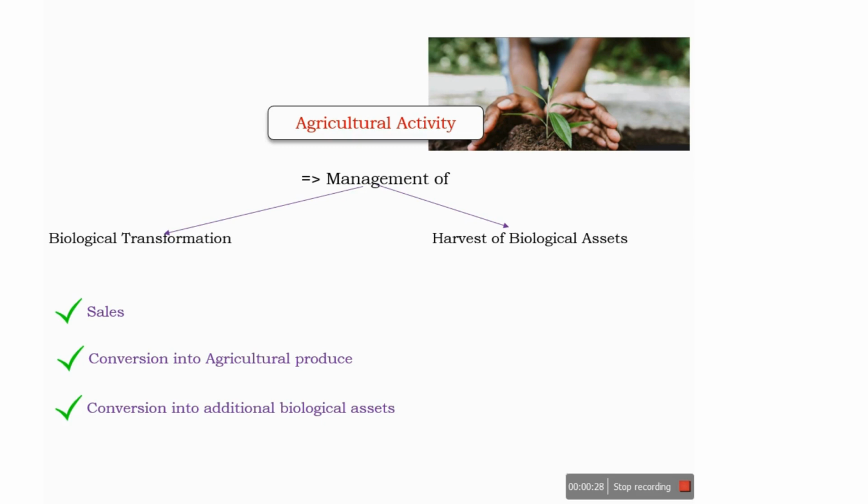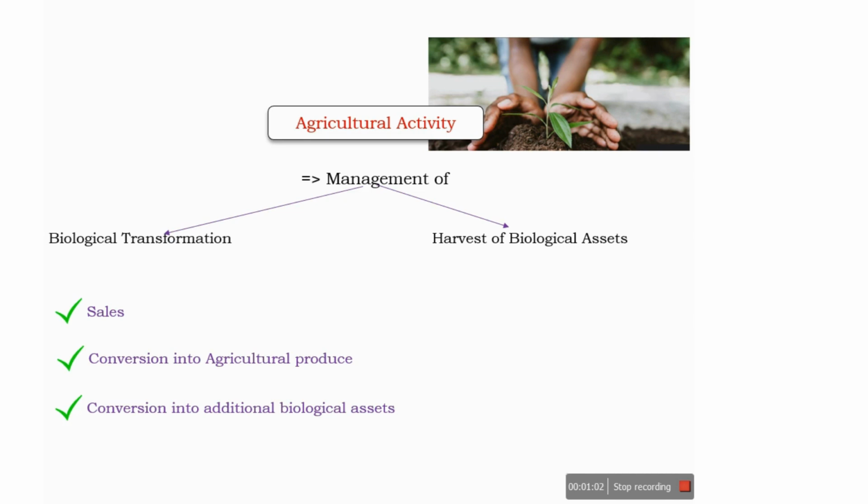For example, natural breeding of animals in a zoo or circus as an incidental activity will not be classified as agricultural activity. However, animal or bird raising will be classified as agricultural activity because there is the involvement of management for biological transformation. Similarly, ocean fishing is not an agricultural activity because it lacks the management of biological transformation.